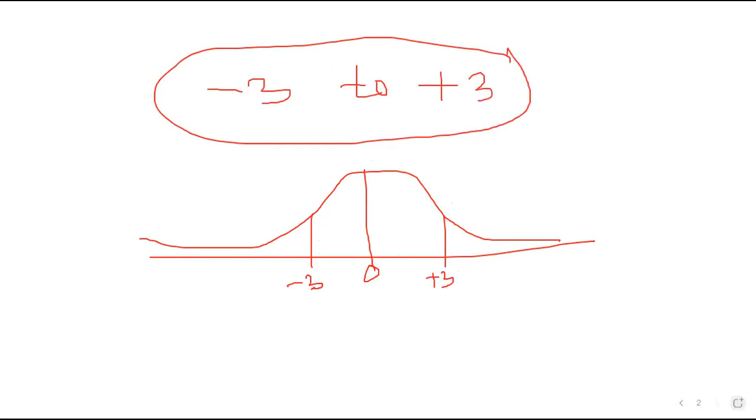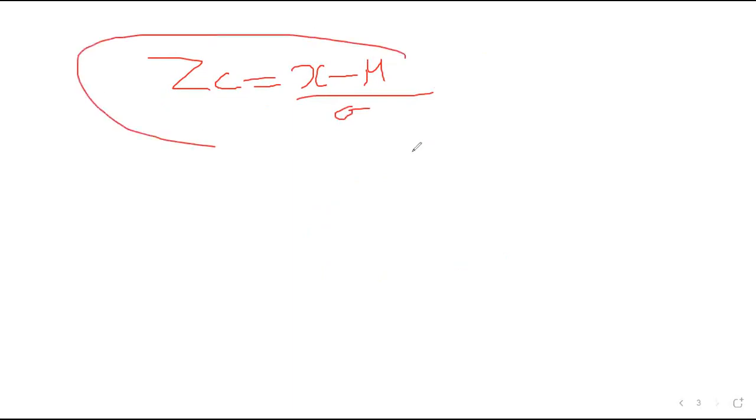Then the other thing is that it has the Z value, which corresponds to X minus mu over standard deviation. This is the formula that we use.